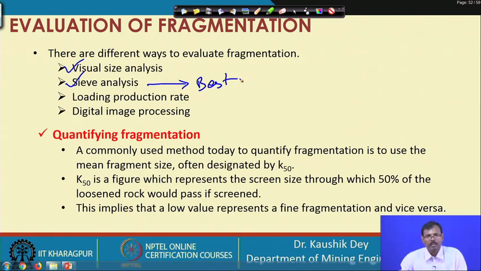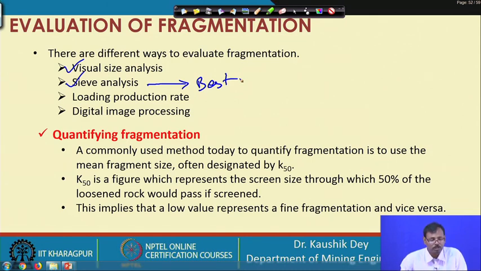This is the best method of analyzing the fragmentation. However, the problem is that when we have bigger boulders, like 1 meter cube or 1.5 meter cube size, placing those boulders on a sieve for sieve analysis, having that big size of sieve, requires mechanical power to shake that sieve, and all those criticalities are there. It is almost practically impossible to carry out sieve analysis for a blasted muck profile.